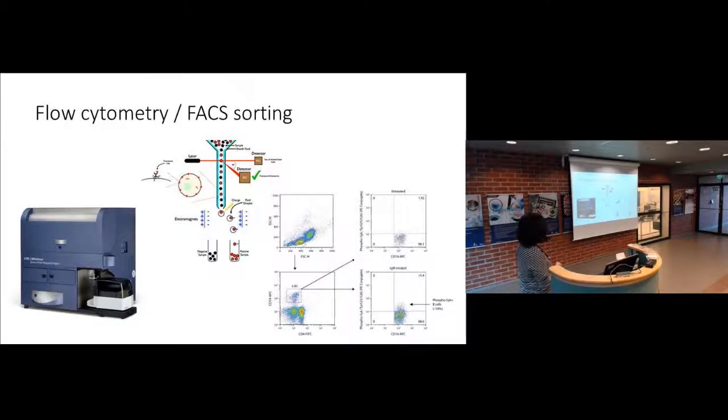You label intact cells with antibodies with different fluorochromes, and if the cell is expressing the protein on its surface, or you can stain also intracellularly your protein of interest, then the antibody is binding that, and when it passes by the laser and shines, you can detect how big the expression of the certain protein is in each of these cells.